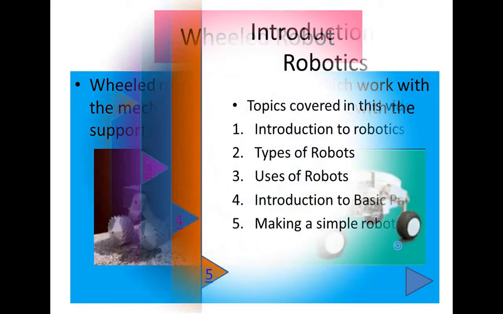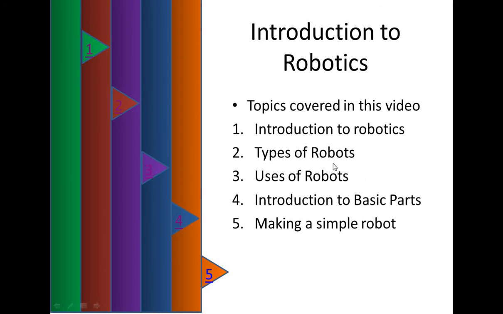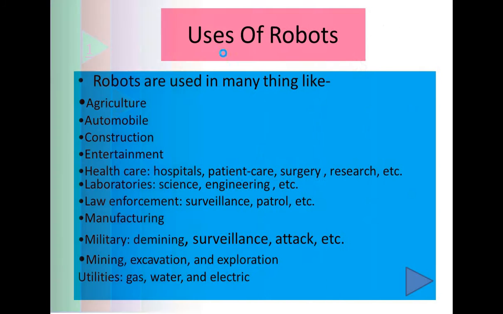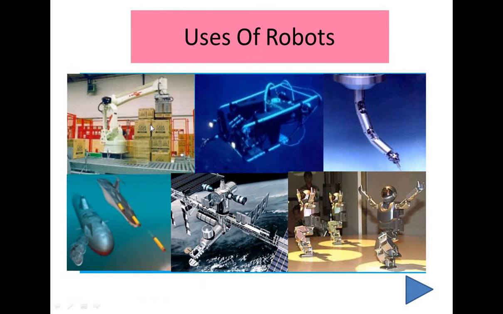Let's move forward to the uses of robots. What are robots used for? Robots are used in many things like agriculture, automobiles, construction, entertainment, healthcare, law enforcement, manufacturing, military, mining, utilities, etc. If you see these examples, these robots are used in industries to transfer packages.